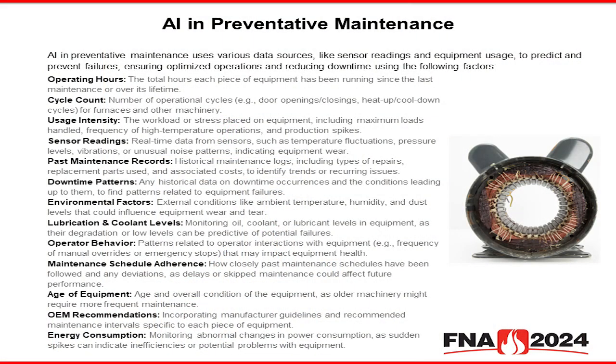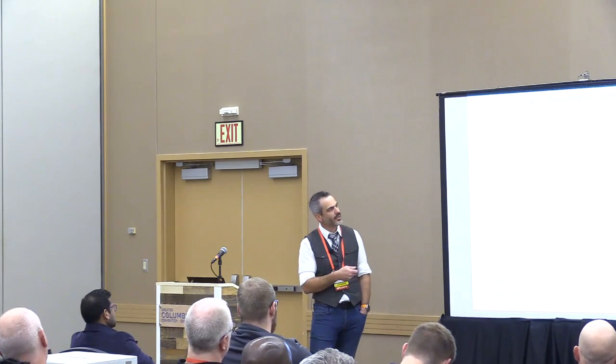I was also talking about past maintenance records. This is where you can learn from your particular setup, things that have happened in the past when things have been replaced. There's a lot of information here that's not necessarily a connected piece, along with the downtime patterns. When things have downtime, the longer you take and the more information you collect, the better and more accurate that's going to become. Talk about environmental factors.